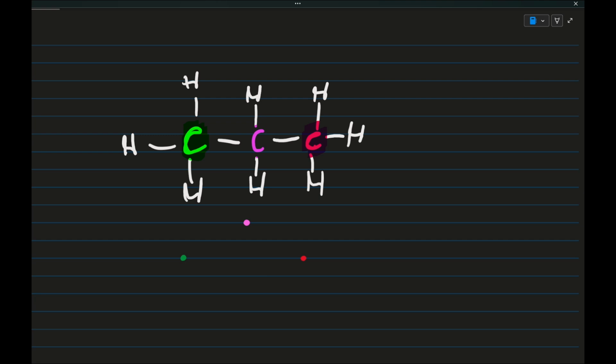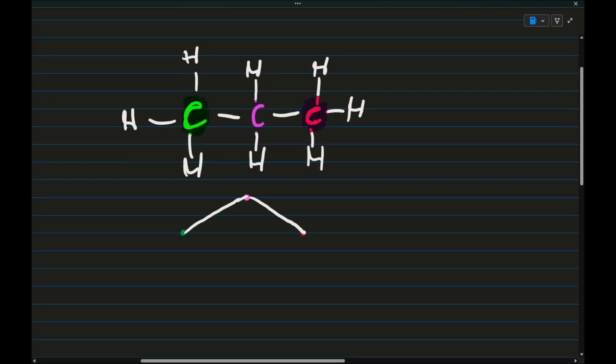In a bond line diagram, every endpoint and corner represents a carbon. If I were to connect these dots, here we can see one endpoint, one corner, and a second endpoint. So we have 3 endpoints and corners. So what does that represent?